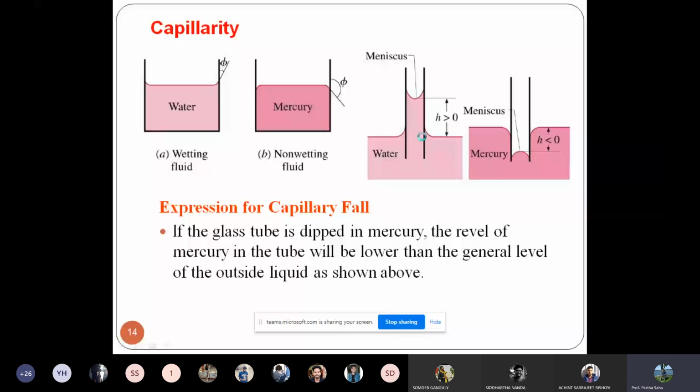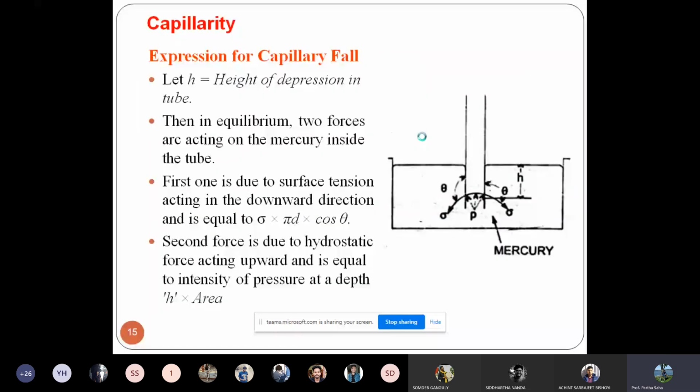The same principle I have just mentioned is going to be applicable here also. But here there are two forces: the hydrostatic force, which is trying to push the mercury in the upward direction, and the surface tension force, which is trying to pull the mercury down in the glass column.